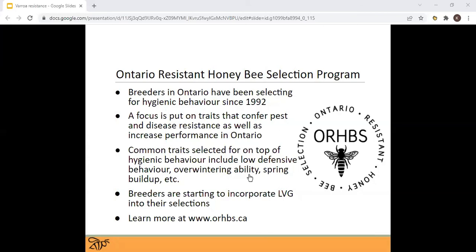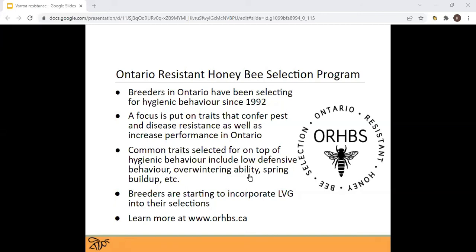but all of them put an emphasis on disease resistance. And in the last couple of years, since this LVG came out, we have been incorporating LVG selections into this breeding program. There are some breeders who already select for various Varroa resistance mechanisms. Some have been looking into selecting for VSH or specifically for grooming behavior.